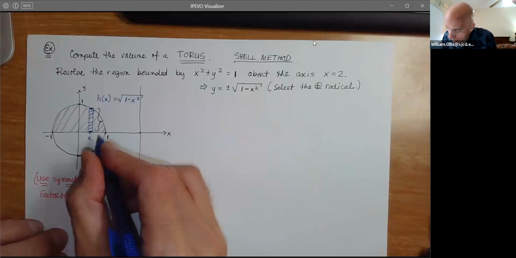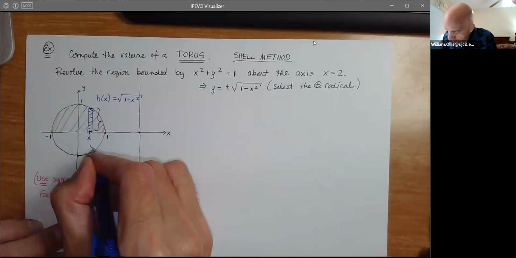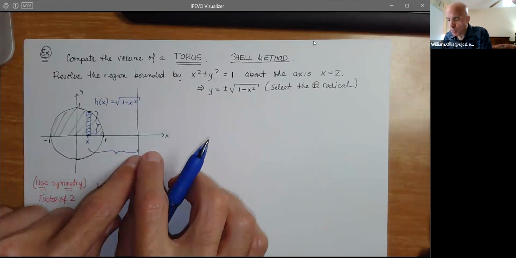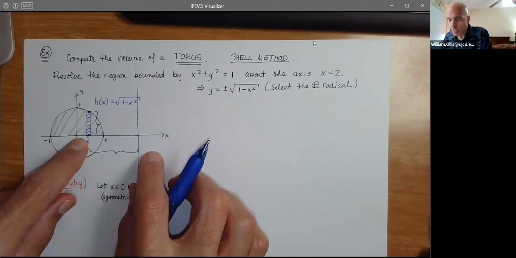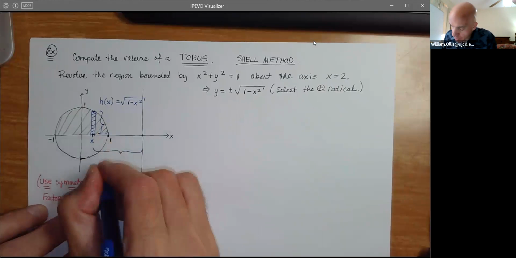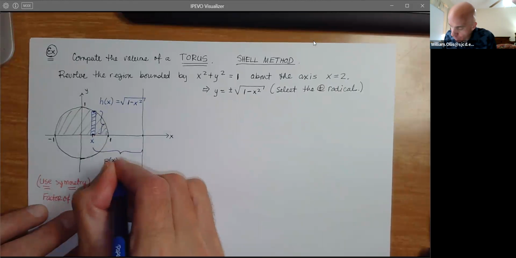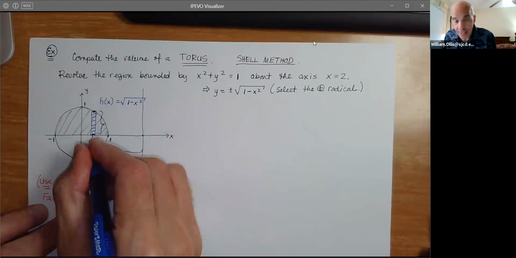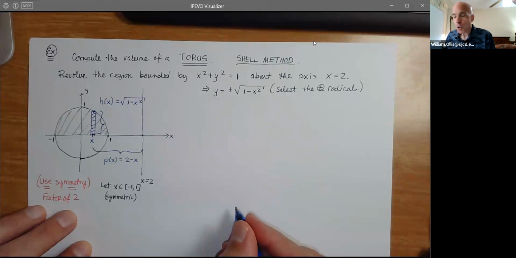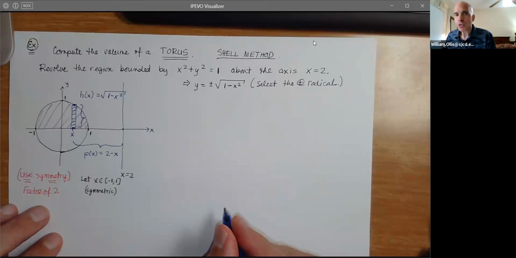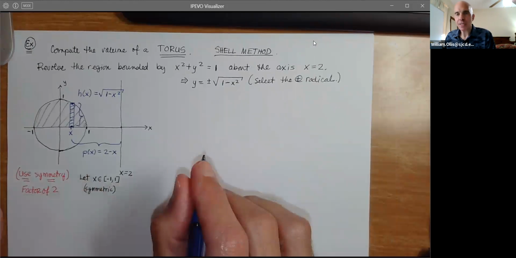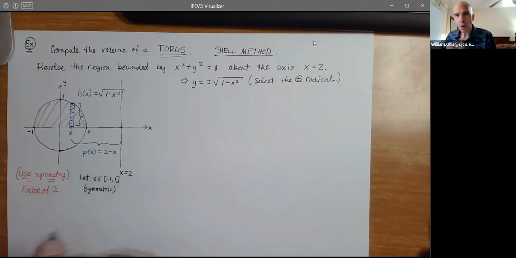Now, we need the distance here. But again, we think about this distance here. So this is 2 minus x. If we subtract x from 2, we get this actual distance algebraically. So the distance to the axis of revolution is 2 minus x. Like I said before, there's a certain amount of algebra due diligence that has to be done first, and then we can move to the problem proper.